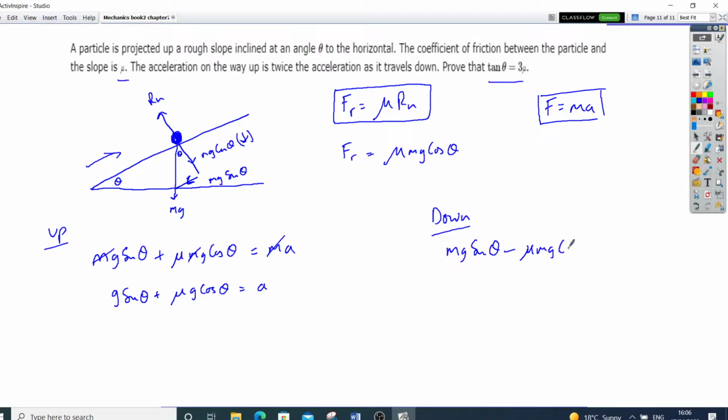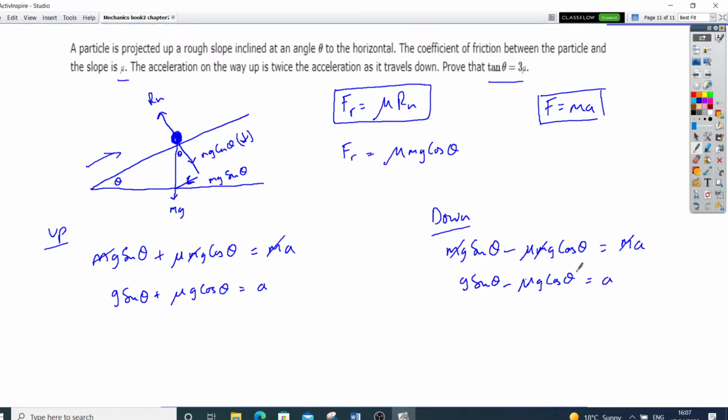So that stays as mu mg cos theta, and I'll call the acceleration a again, that's mass times acceleration, ma. Again we can cancel the m's out, and we get g sine theta, not plus, it's a minus mu g cos theta, and that is equal to the acceleration.